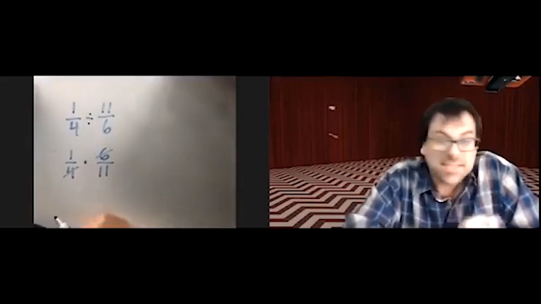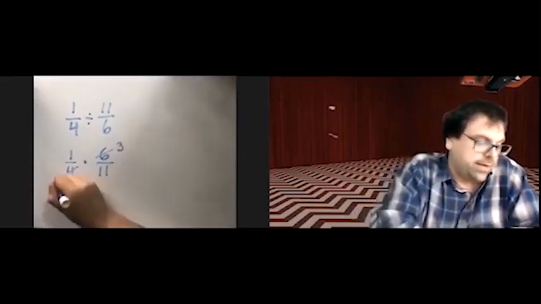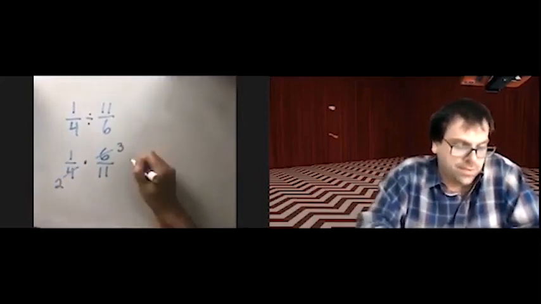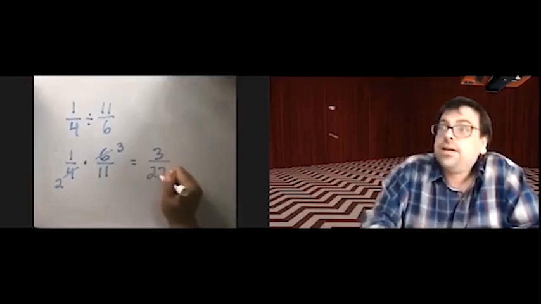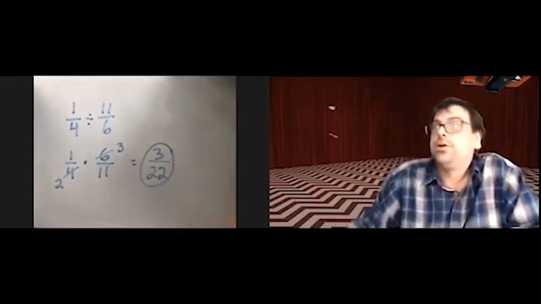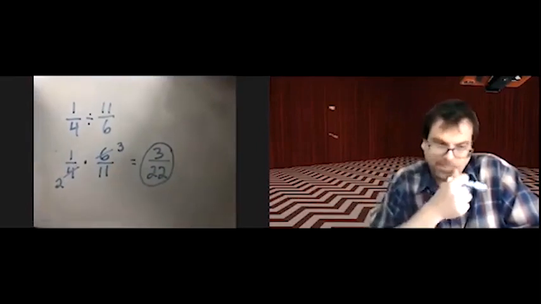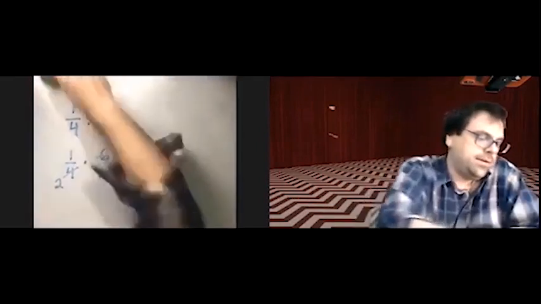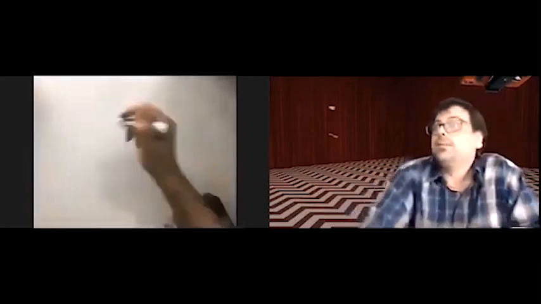Some canceling. 6 and 4 can both be divided by 2. 3 and 2. 1 times 3 is 3. 2 times 11 is 22. 3 over 22. Okay, it was a little more exciting. What can I say? It's only division of fractions. The bar can only be set so high.